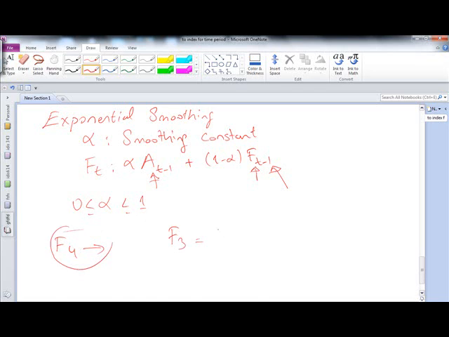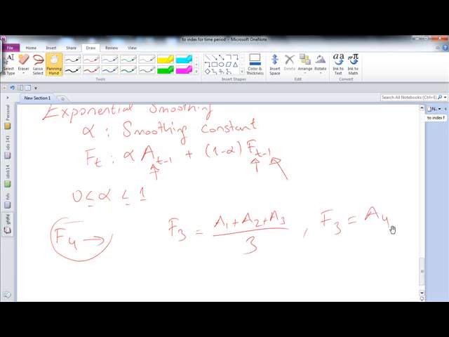For example, in our case I could use A1 plus A2 plus A3 divided by 3 as my initial forecast, or some people choose the last time period's actual demand, that is A3, as the forecast for that time period. The idea is that you just need to start the forecast.